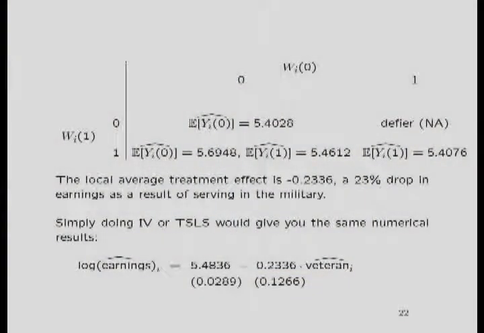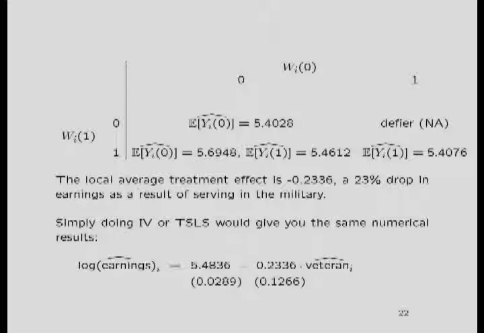The other two groups are these mixtures of compliers and never takers in the 0,0 group, and mixtures of compliers and always takers in the 1,1 group. But now, given that we know the proportions of the different types, we can disentangle these mixtures, and we can get the following estimated average outcomes by compliance type.